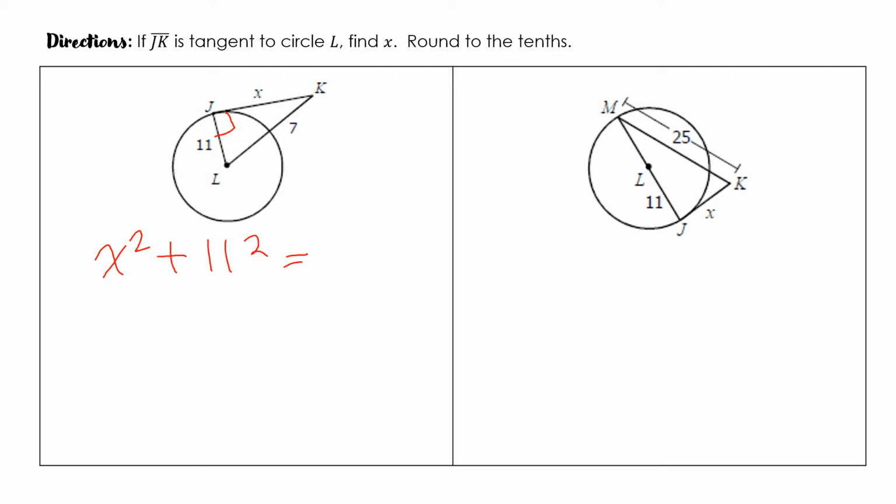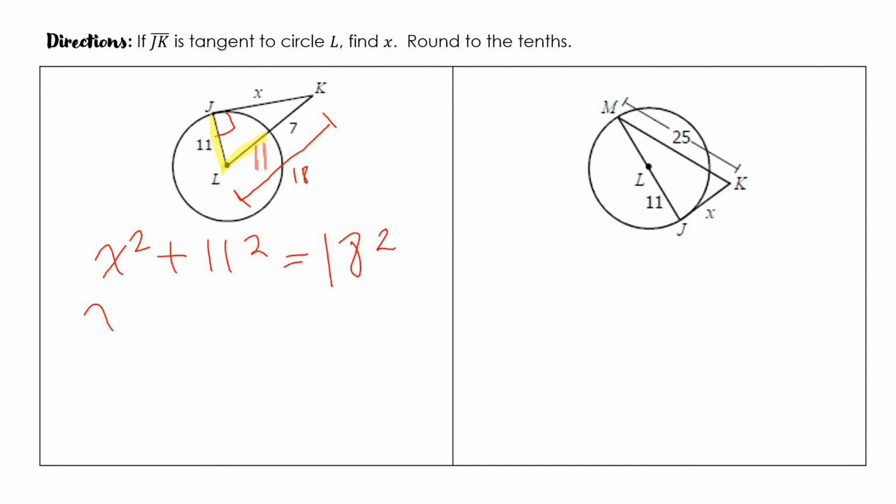So kind of like the last problem that we did, this missing piece on the inside is a radius, which is equivalent to JL, because JL is also a radius. So we're going to let that be 11, which means that the hypotenuse will be 11 plus 7, or 18. So x squared plus 11 squared equals 18 squared.